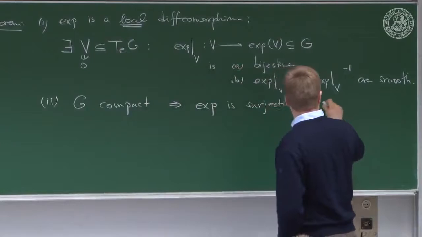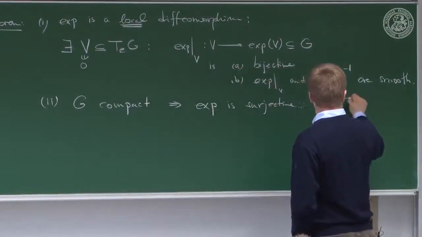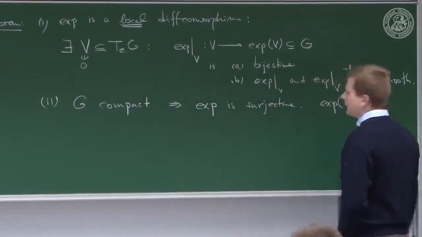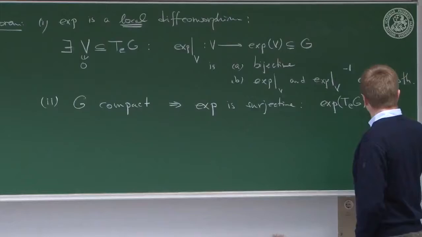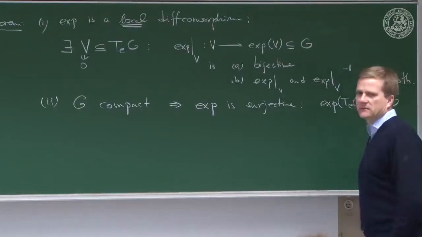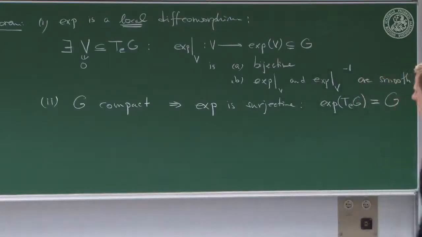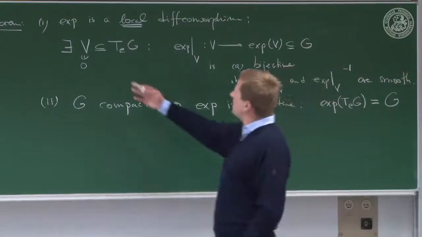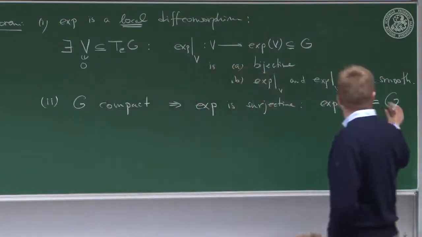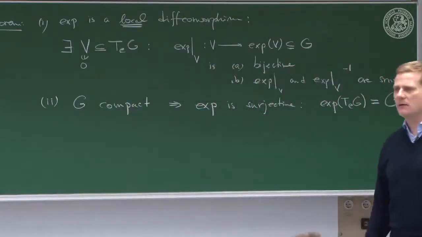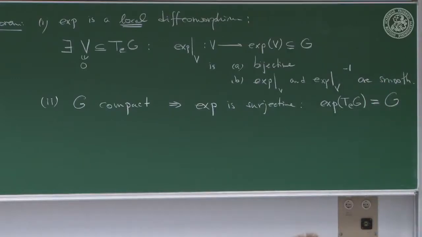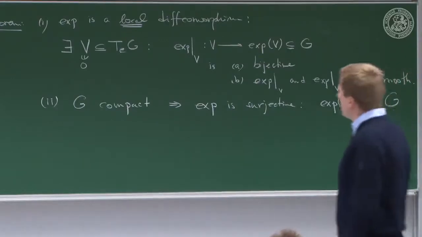That means that you can start with the entire Lie algebra, and it will reproduce the entire group. That's nice. So for compact groups, understanding the Lie algebra, you get any group element back by exponentiating up. That's good.